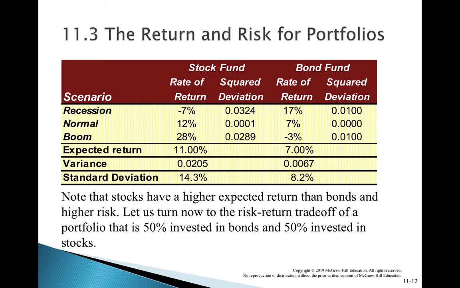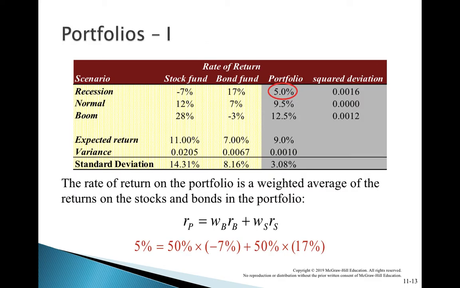Now, taking those individual securities' expected return, variance and standard deviation, if we assume 50% in bond fund and 50% in stock fund, how to calculate the expected return, variance and all for the portfolio? Let us do it.